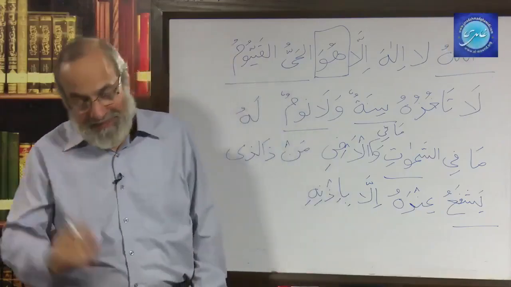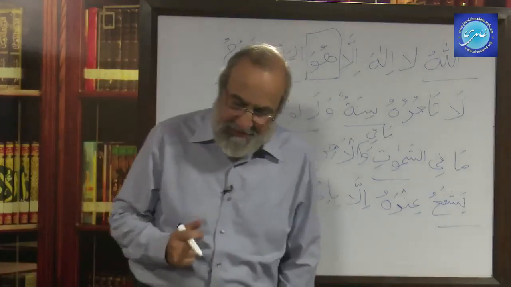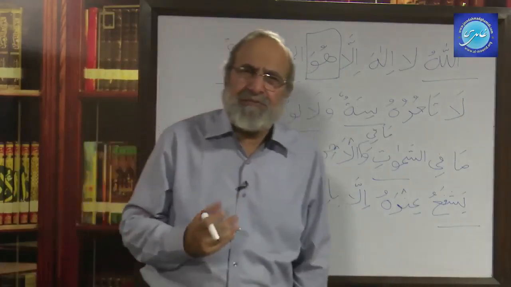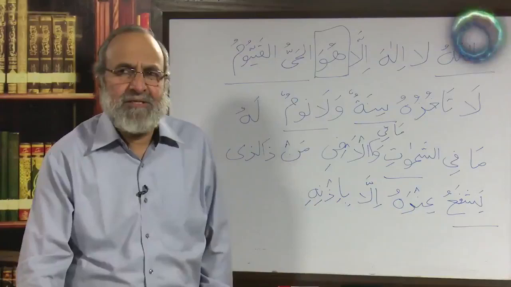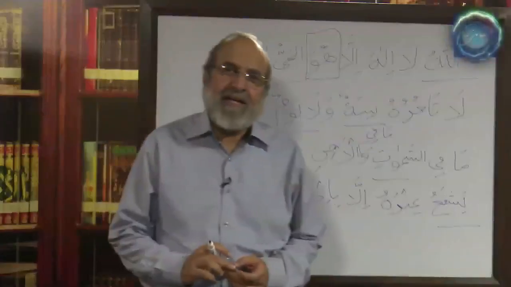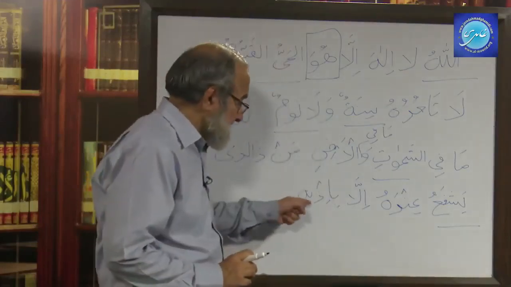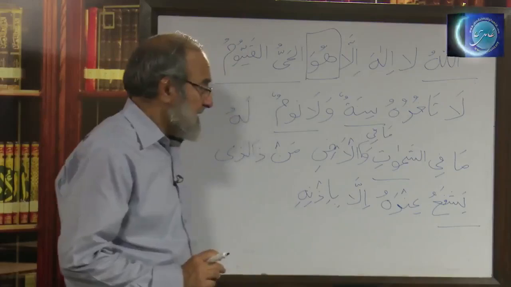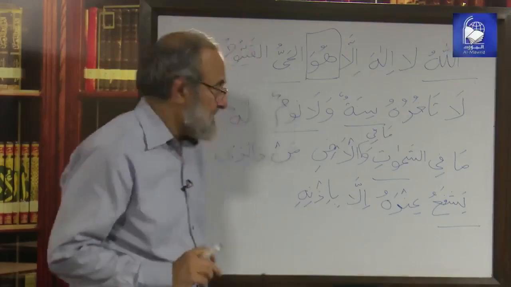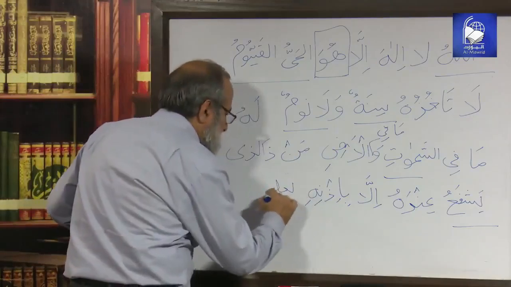Again the same, mudaf ilayh, wherein we talked about the possessive case. There is an apostrophe, and we are talking about governing noun and the governed noun. And bi-iznihi, this is jar, but only one harakat. Yashfa'u indahu illa bi-izni. Ya'lamu, he knows.